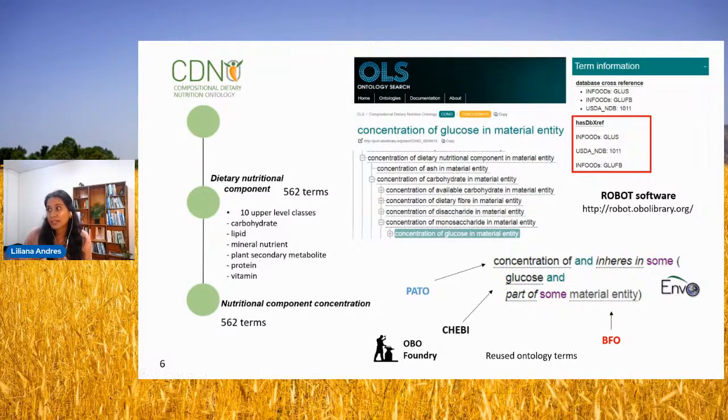And something very important for us is that we also added annotations, as you can see here. These annotations were added into the concentration terms, and they were associated to the tag names and code numbers from the USDA and INFOODS. So this made it interoperable within FCDBs.